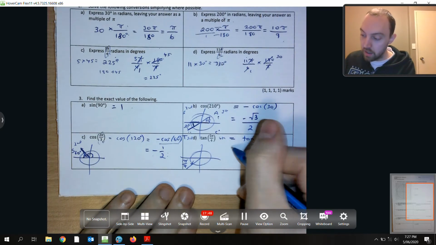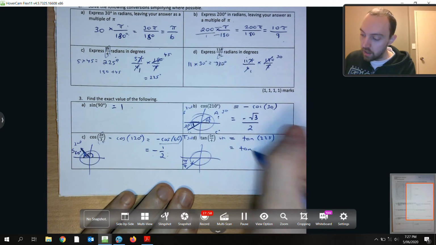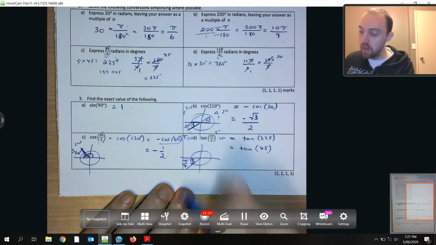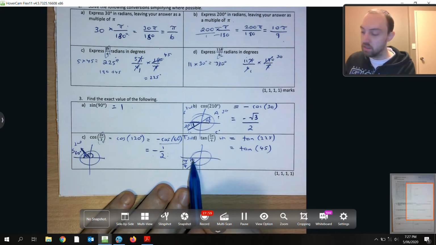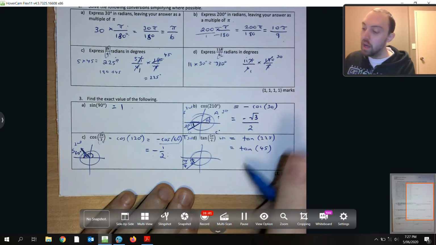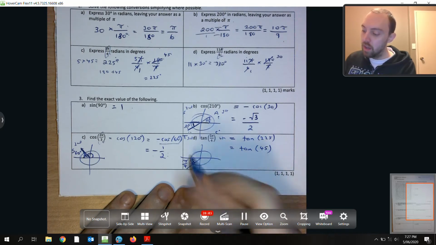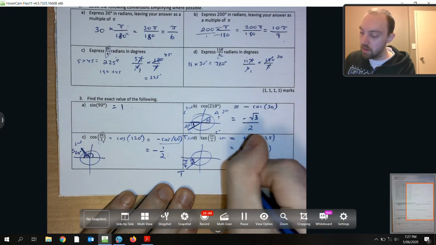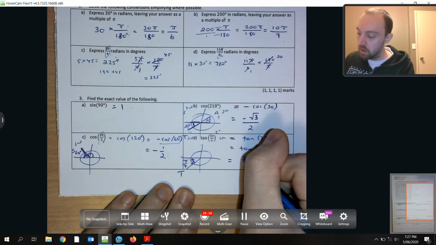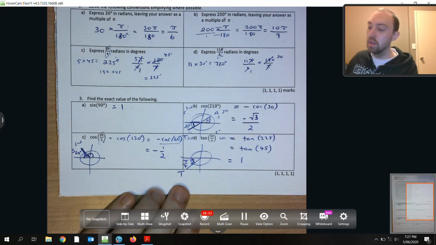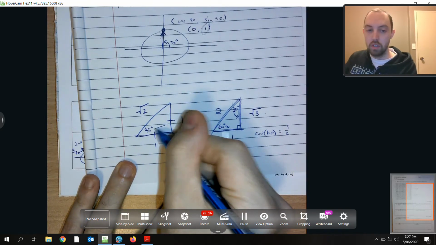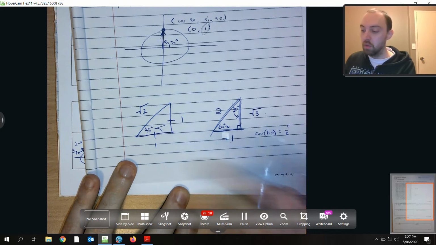So we're thinking of tan of 45, alright, because it is a 45 degree angle with the x-axis, the acute angle, and because tan is positive in the third quadrant, it's just whatever tan of 45 is, which is 1, okay? And you can check that on your triangles. Tan of 45 is opposite over adjacent, okay? 1 over 1 is 1.